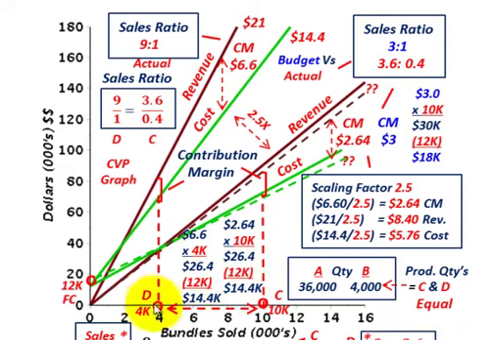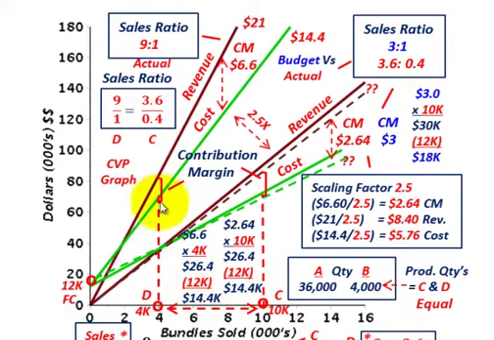Now, we could have just looked at it in the case of the 4,000 bundles. We have that $6.60 contribution margin times 4,000 bundles. Again, that gives us 26,400, same as we had with the 10,000 units. Subtract out our fixed cost of 12,000, we get down to 14,400. Same numbers.